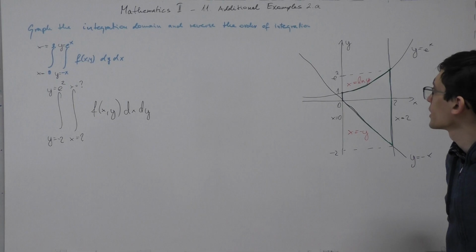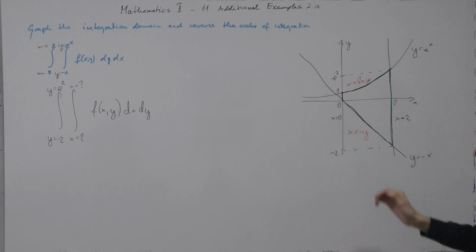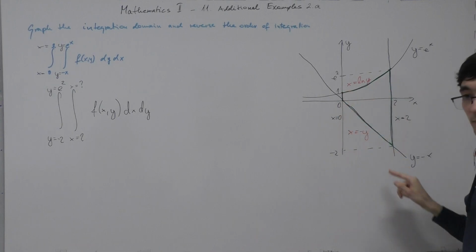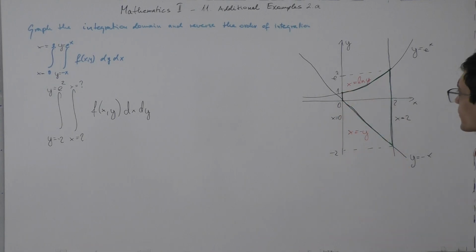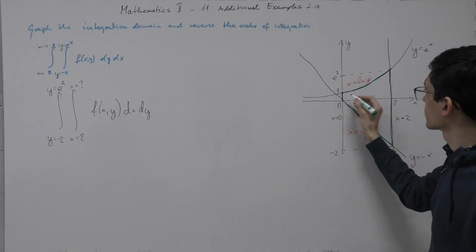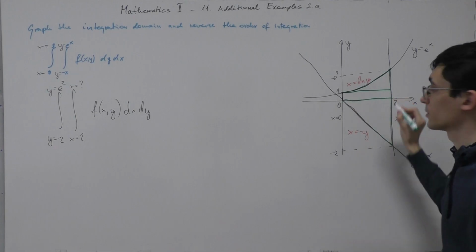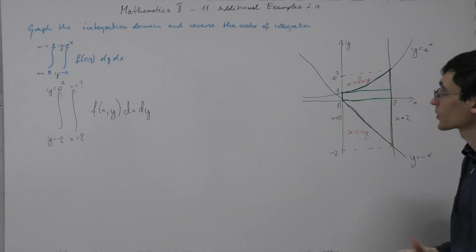And now, here we can see that we have from the left side 3 different segments bounding our domain, and from the right side only a single segment, so we must divide our domain into these 3 parts.